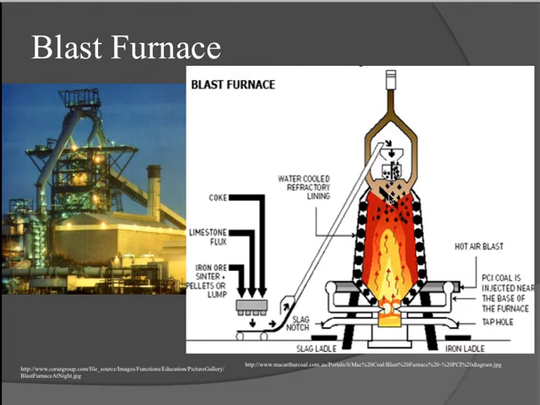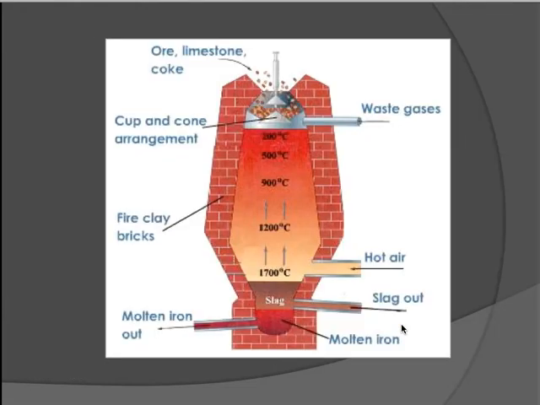This is really probably just a distribution bar just to make sure that it breaks up and flows evenly down the blast furnace. All right, and then hot air and ore go down, reactions occurring in here, getting your iron at the bottom.